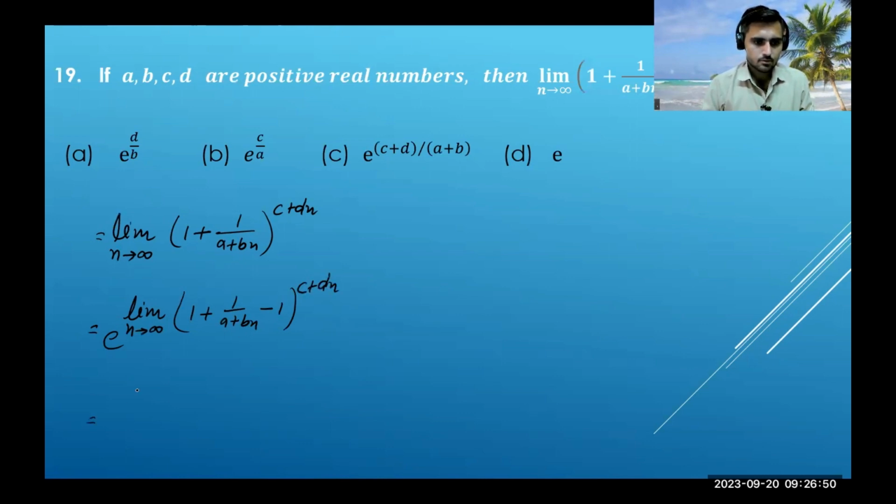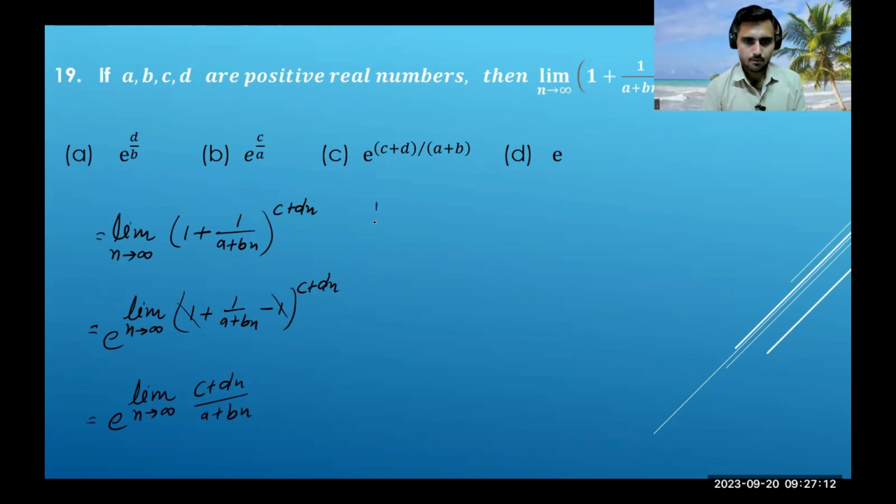So these are cancelled out. E raised to the power, we take exponential form, and we have here c plus dn upon a plus bn, right?